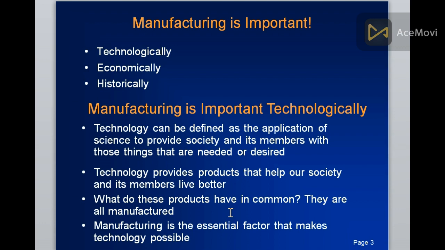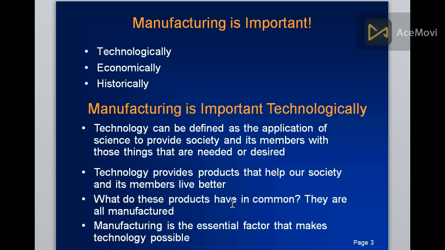Manufacturing is important technologically, economically, and also historically. Manufacturing is an important technology. Technology can be defined as the application of science to provide society and its members with those things that are needed or desired. Technology provides products that help our society and its members live better.